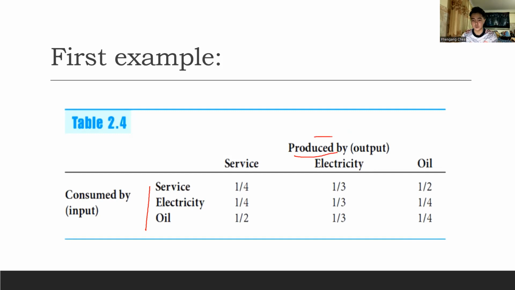This side is the produce side and this side is the consume side. Produce means the output also has the three elements: service, electricity, and oil. And all these numbers form what we call a matrix.